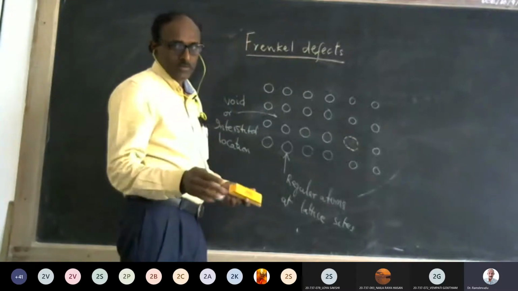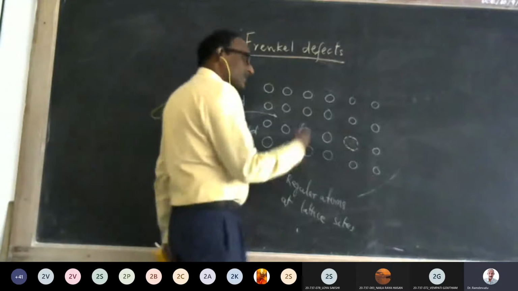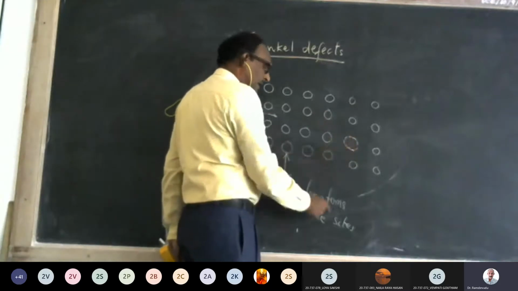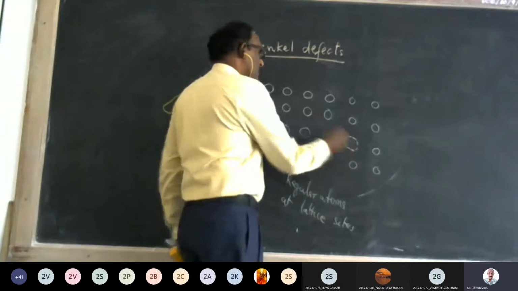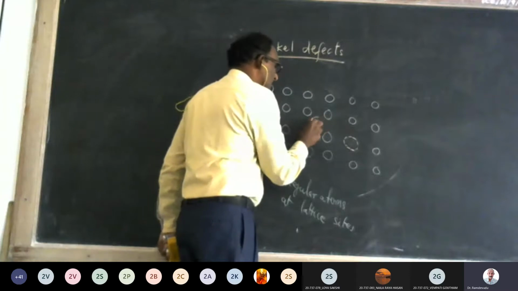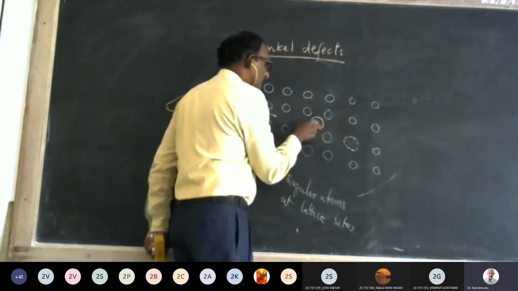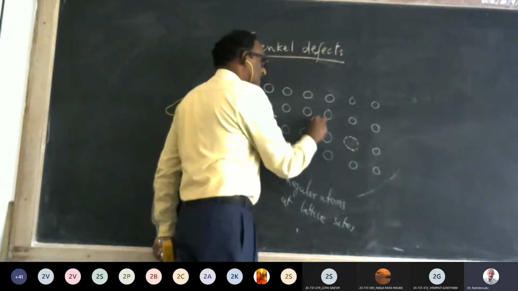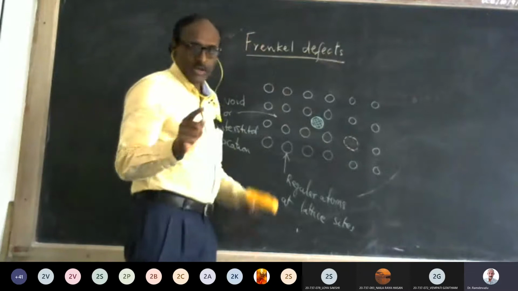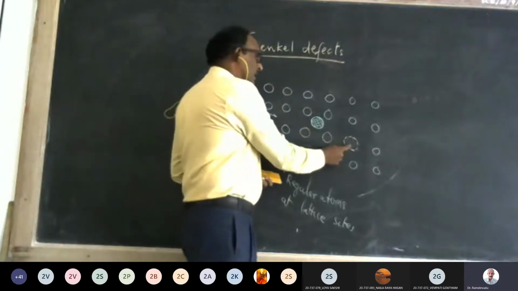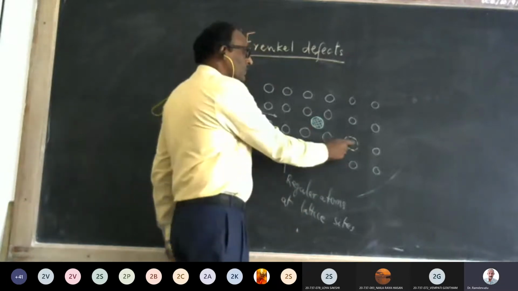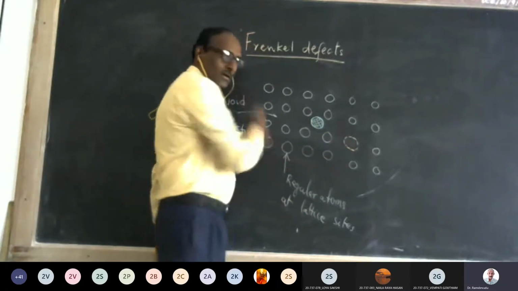The missed atom, anion, or cation, instead of being located at the regular site, may be shifted to some other place. Suppose this is the interstitial position, the atom has shifted here. This I am representing is the shifted atom. So now we have a vacancy and an interstitial site. So the atom has moved from a regular site to an interstitial one.